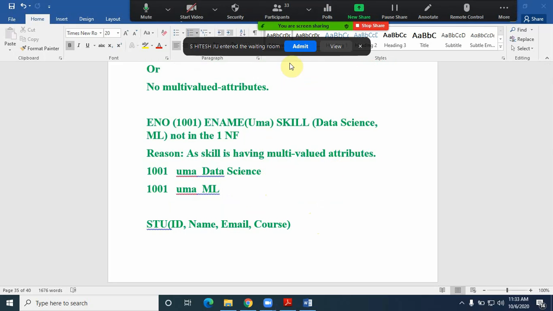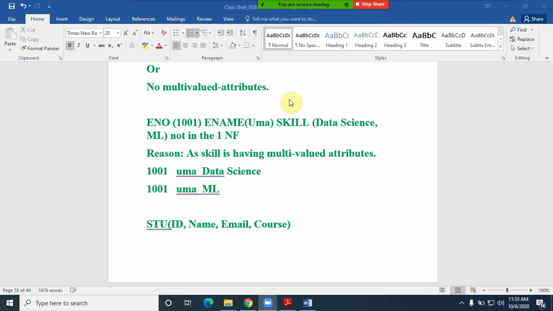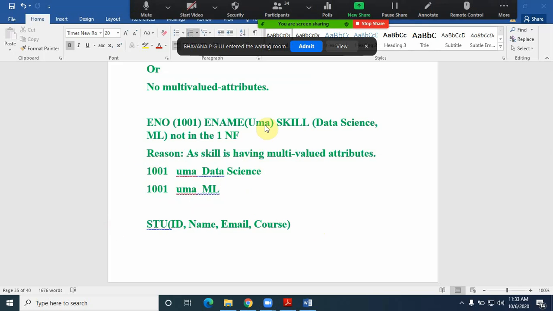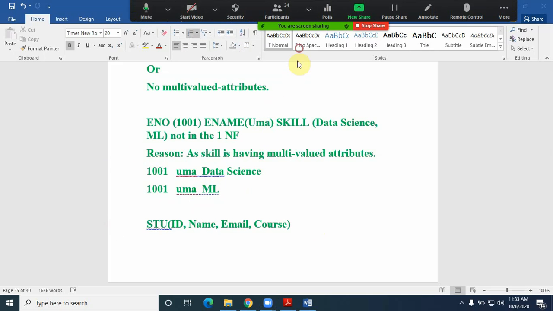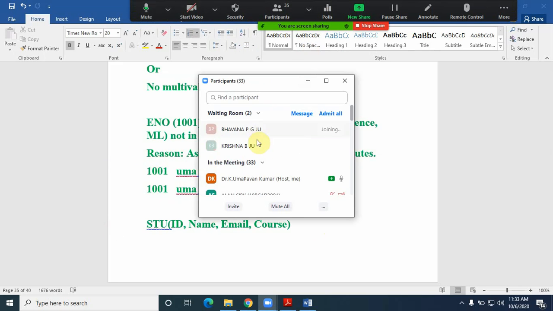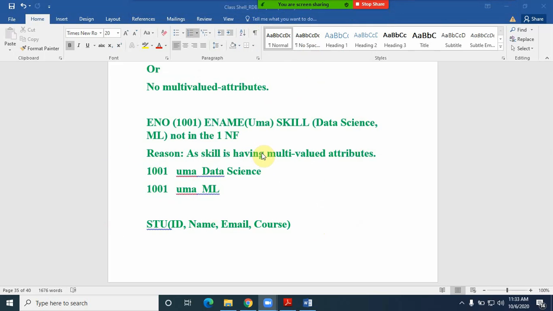So we need an alternative: we split that attribute into multiple records, one record with data science and another with ML. Having multiple values in the same column should not happen. That is what we saw in 1NF.